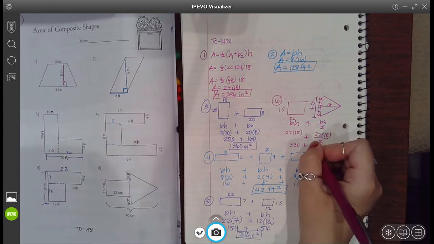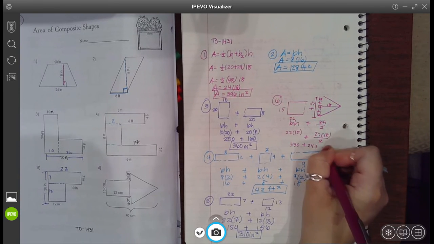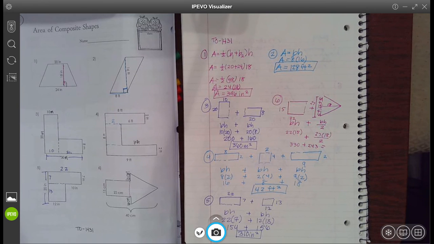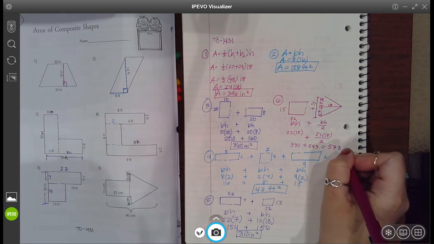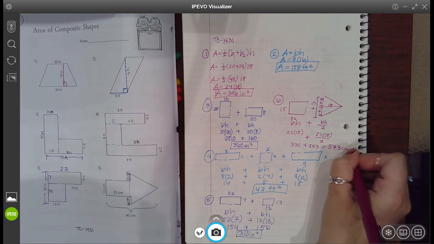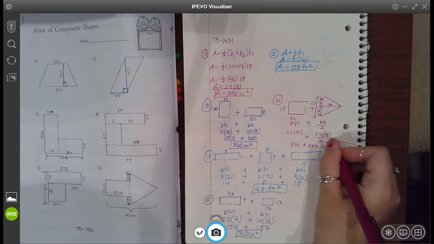You should get 243. Go ahead and add those two together, and you get 573, and it was in centimeters, so centimeters squared.